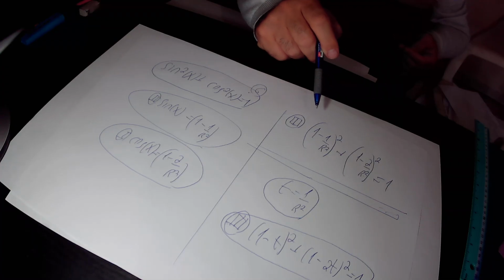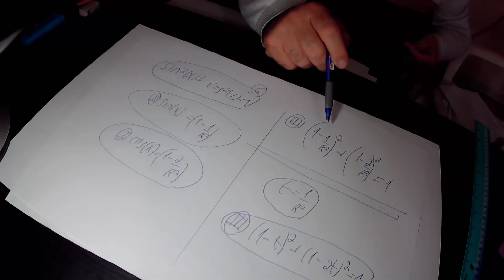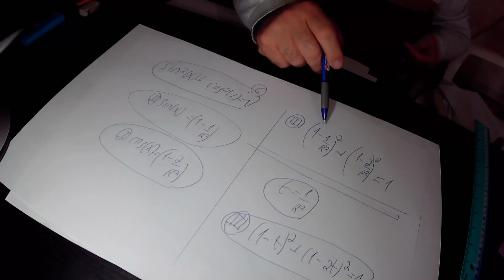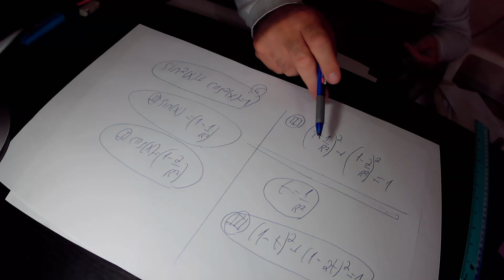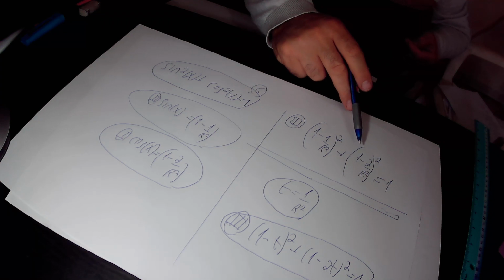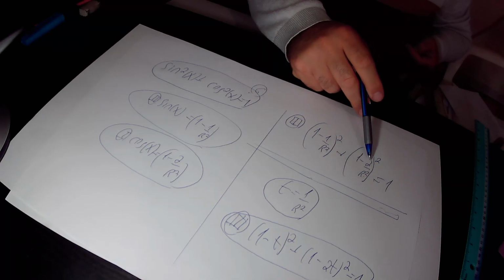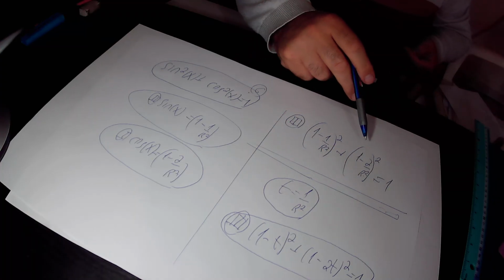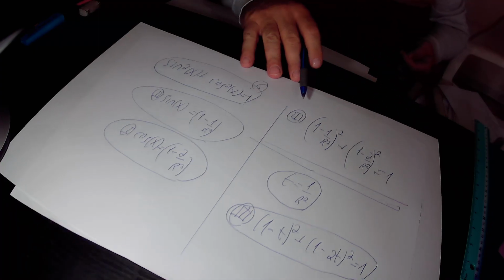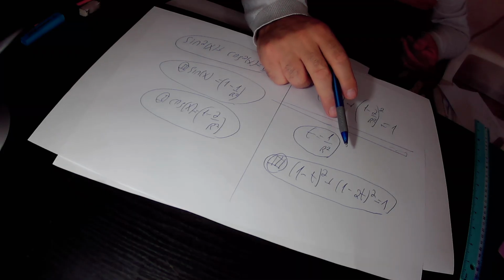According to equation 3, 1 − 1/r² becomes 1 − t, squared, plus (1 − 2 times 1/r²), and 1/r² is t, so this expression is (1 − 2t) squared, and it equals 1. So according to equation 3, (1 − t)² + (1 − 2t)² equals 1.